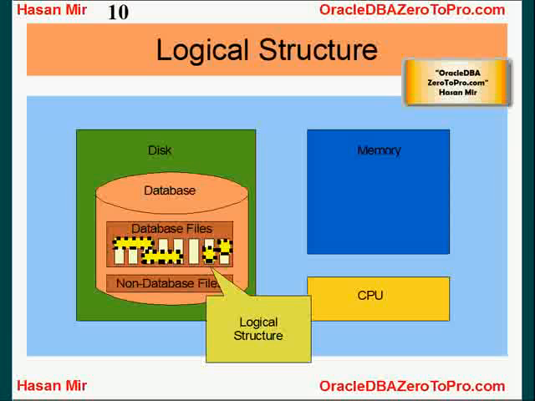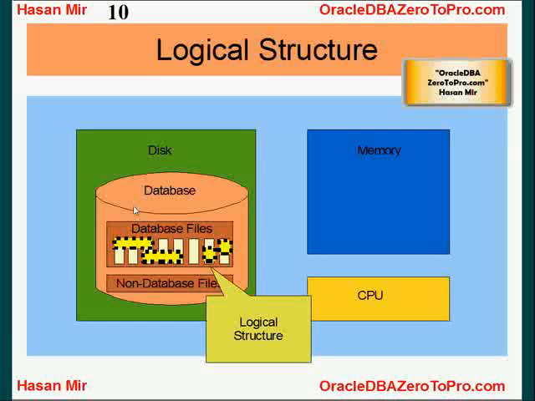For example, a table is a logical object, right? Whenever you create a table, it's not that Oracle creates a file in the back end representing that table. Part of the table could go in one file, part of the table could be sitting on some other file.